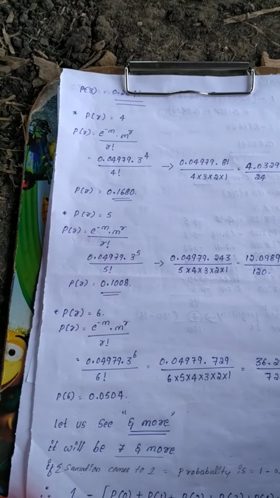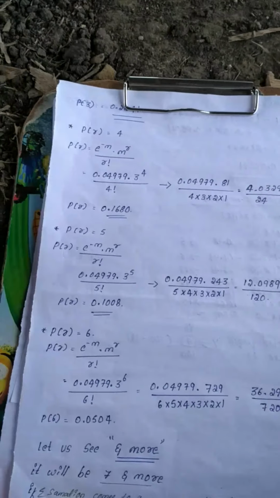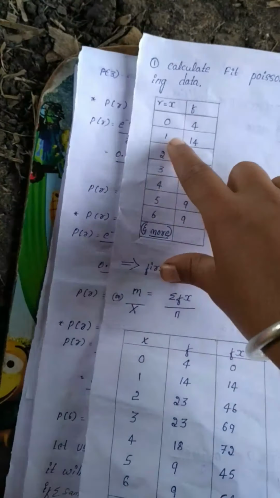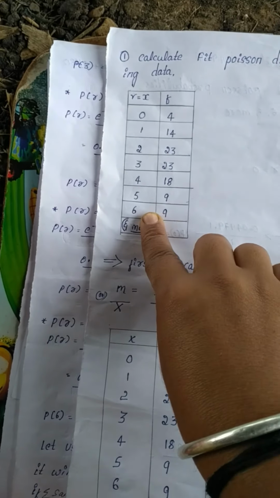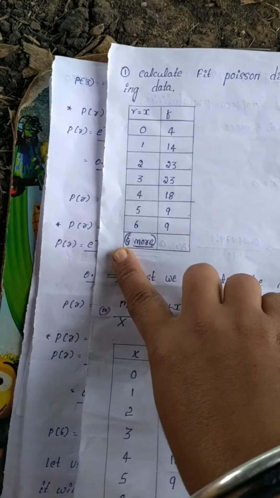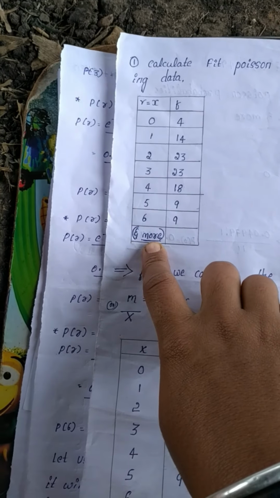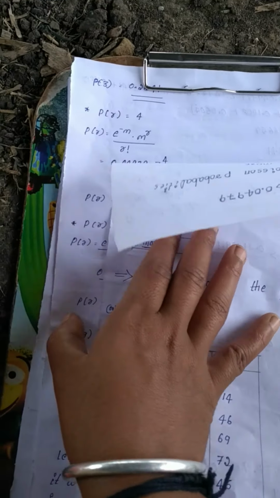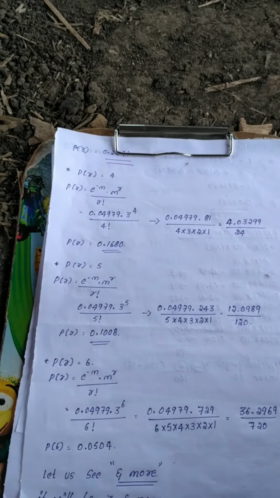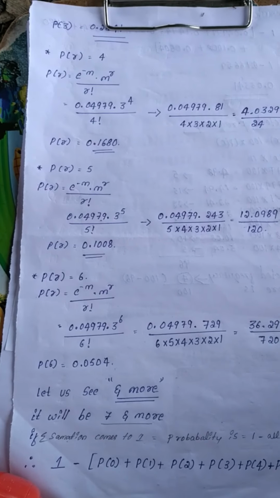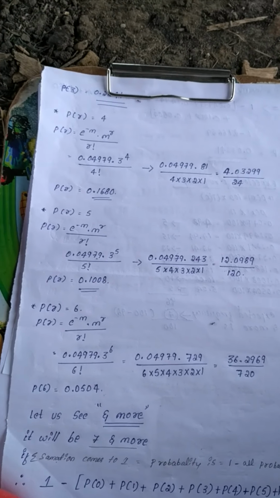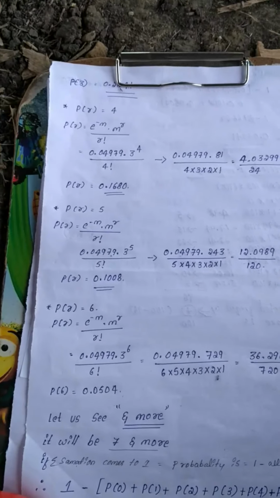Let us discuss how we can calculate the 'and more' class. We can calculate these Poisson probabilities up to 6. Then 'and more' is nothing but the open-ended frequency. So the open-ended frequency is considered as 7 and more. And more means 7 and more.